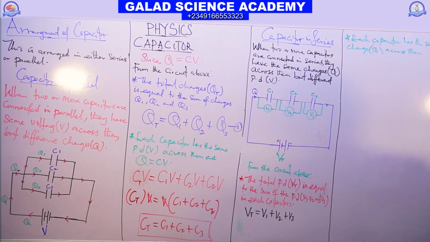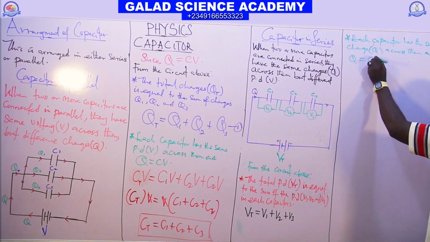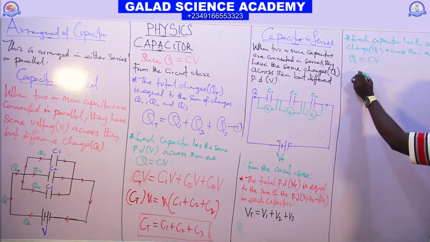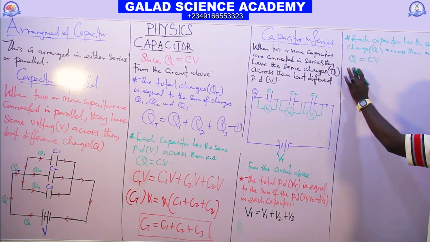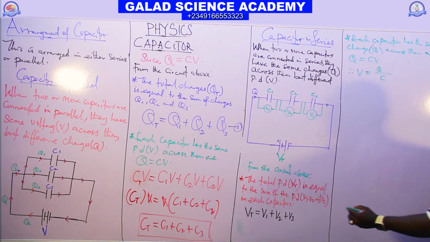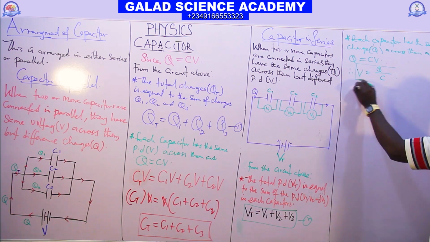If Q equals CV, we can define V as V equals Q over C. If we agree that this one is equation 1, then this will be equation 2.